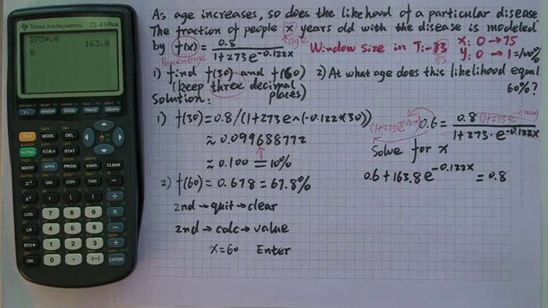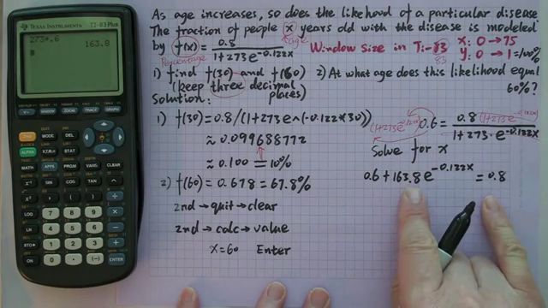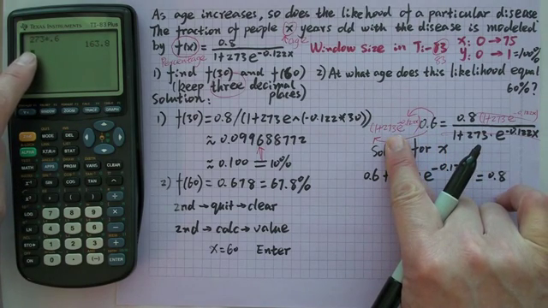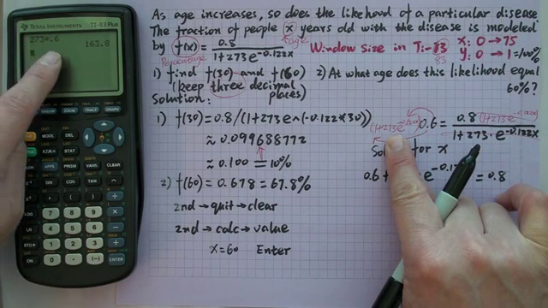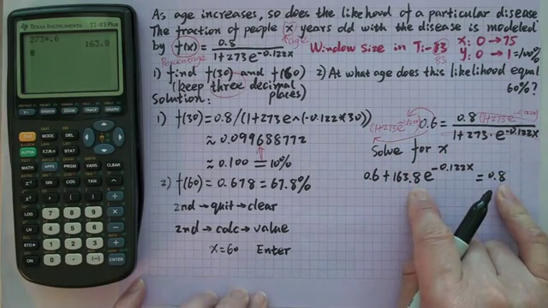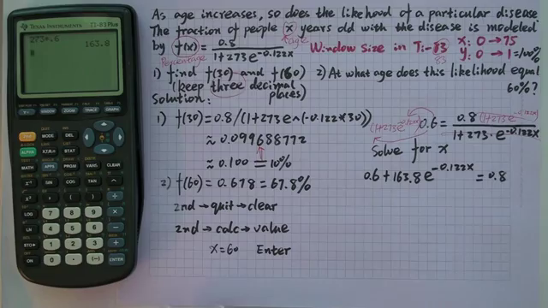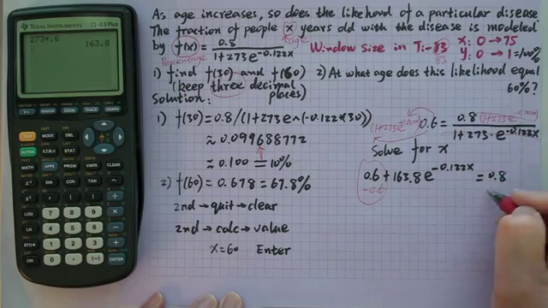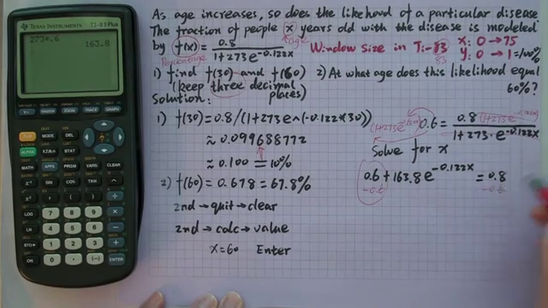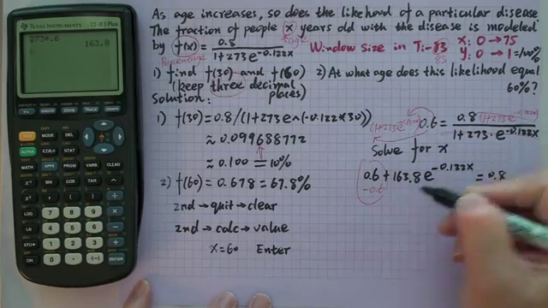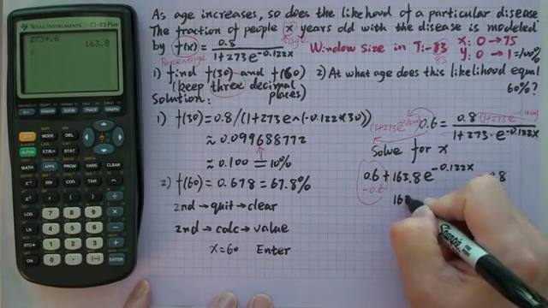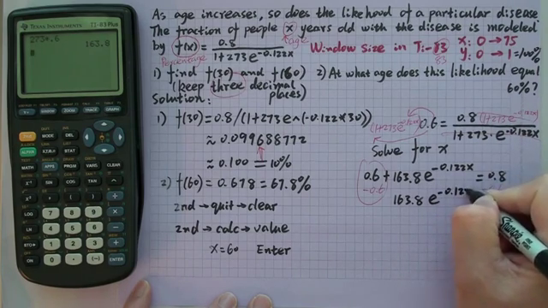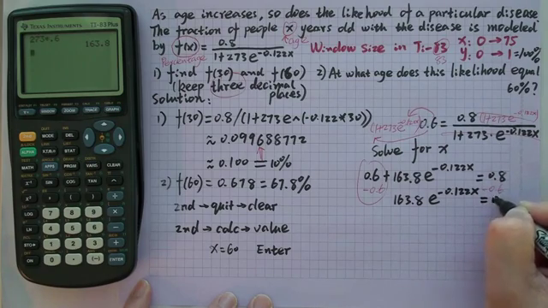Make sure you did it right: 0.6 times 273, yes, 163.8. Now you subtract 0.6 on both sides. On the left, what you get is 163.8 e to the negative 0.122x equals 0.2.